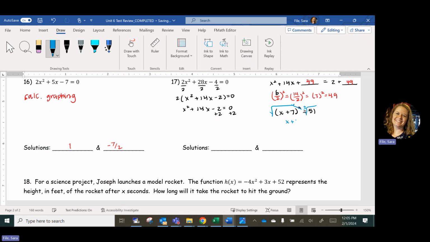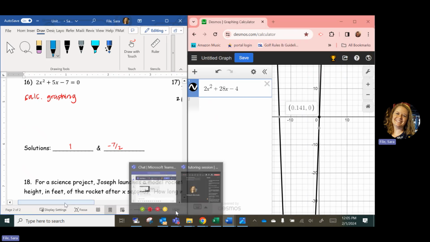So I end up with x plus 7 equals the positive or negative square root of 51. If you are unsure if the number under the radical has factors for you to try and do a factor tree, let me remind you in Desmos how you can check for factors.